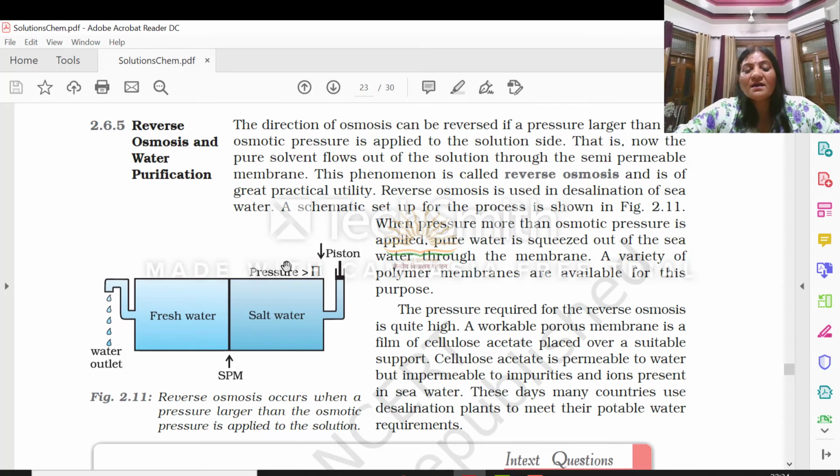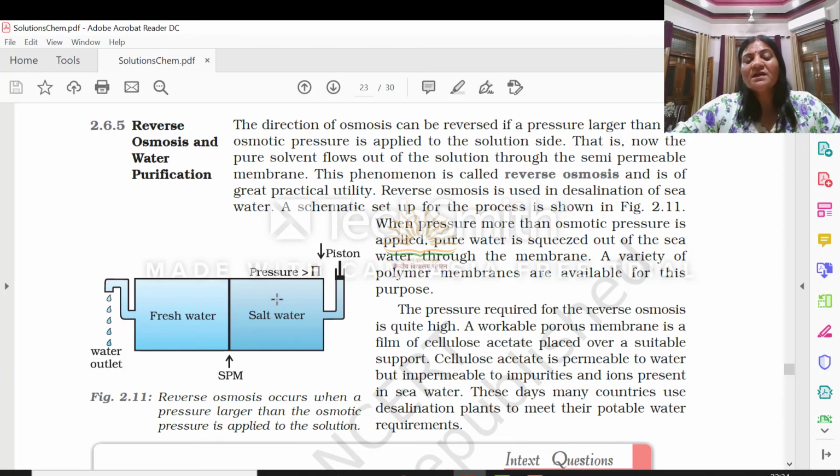We apply more pressure than the osmotic pressure on the salt water side. To take drinking water from the salt water through SPM, we have to apply more pressure than the osmotic pressure on the solution side. Then reverse osmosis takes place.